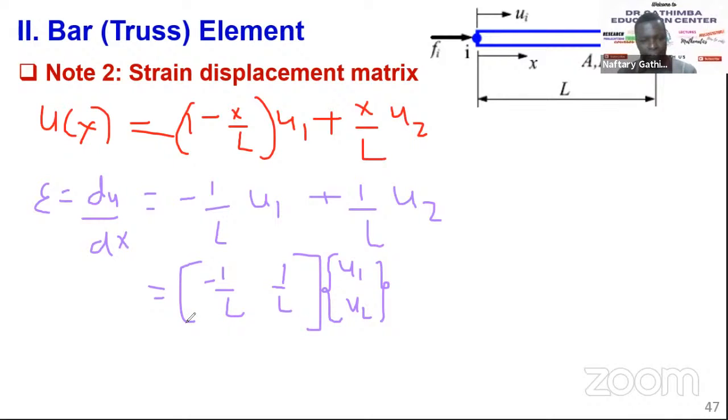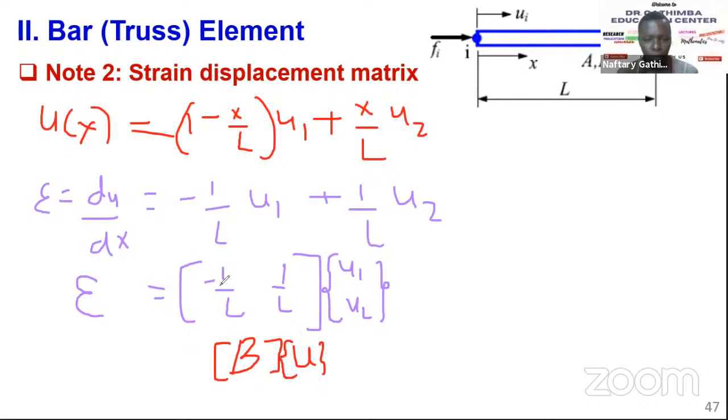So with this, we are saying strain is equal to this matrix times the displacement. This part, we can denote by the letter B, and of course this one will be U.